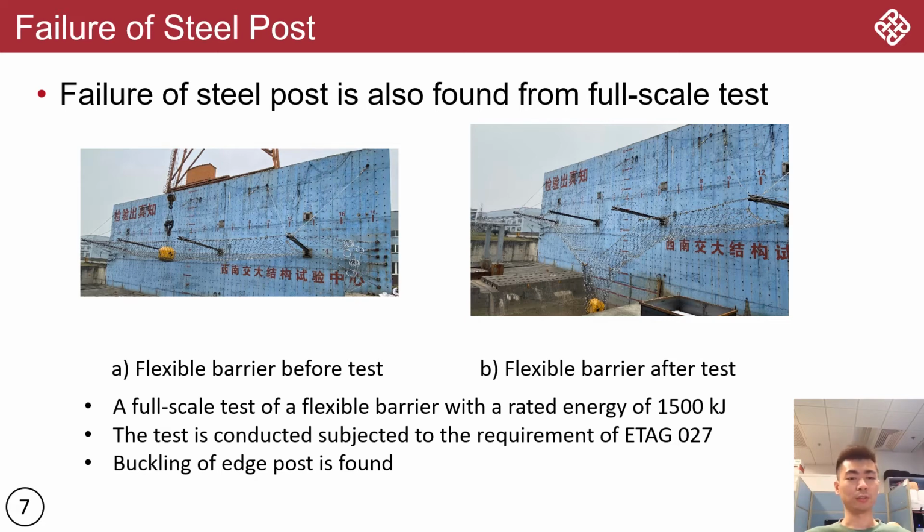This is a full-scale test of a flexible barrier with a rated energy of 1,500 kJ. The test is conducted subject to the requirement of ETAG 27. We can see the boulder is stopped by the system, but the buckling of edge post is found.